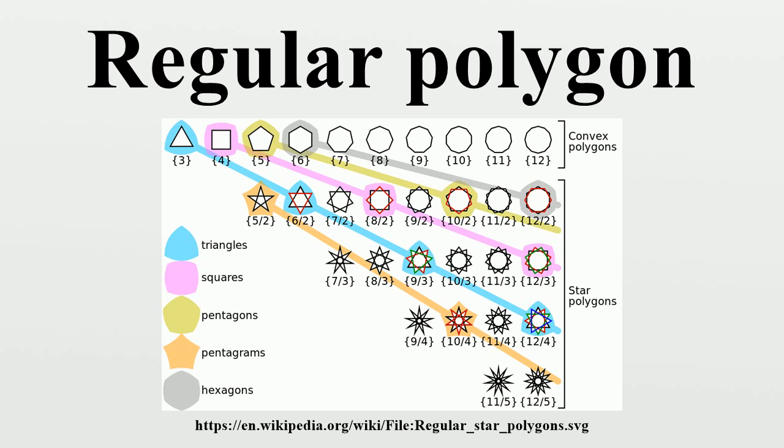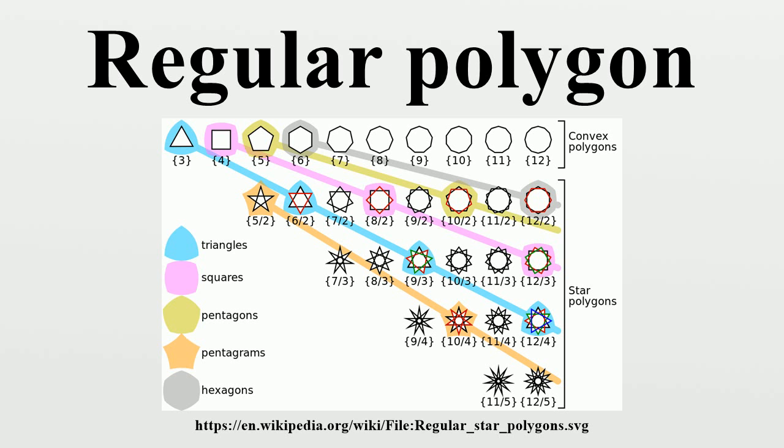The sum of the squared distances from the vertices of a regular n-gon to any point on its circumcircle equals 2nR², where R is the circumradius. The sum of the squared distances from the midpoints of the sides of a regular n-gon to any point on the circumcircle is 2nR² + ns²/4, where s is the side length and R is the circumradius.